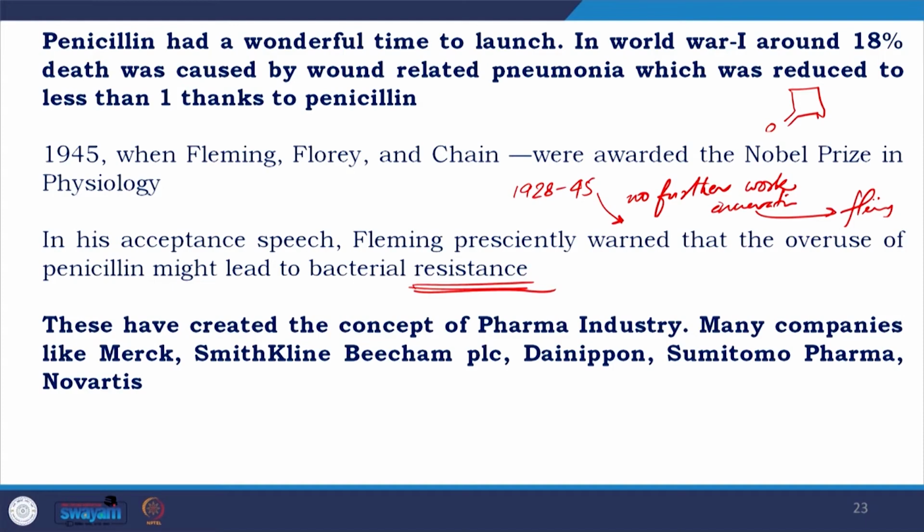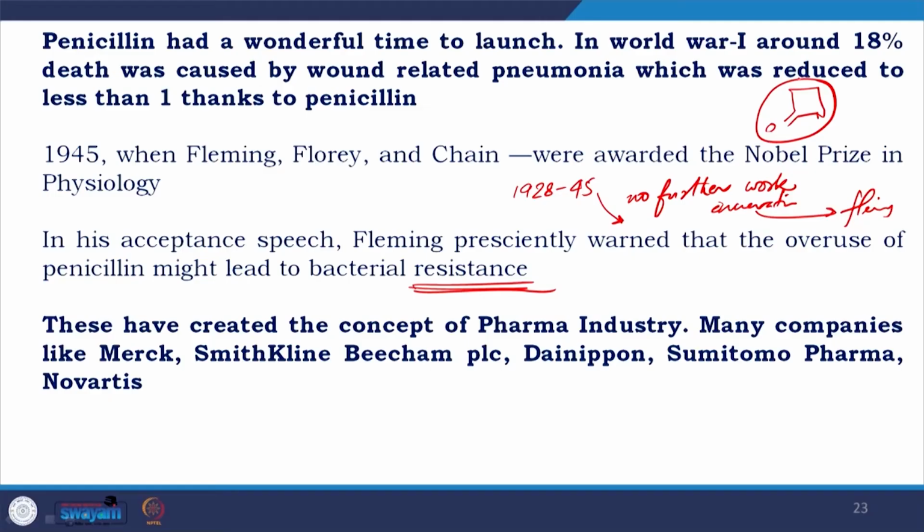The answer is there. Beta lactam, this 4-membered ring, brought so much money, as I told, because of the excellent timing of launching penicillin before World War II. A lot of soldiers had their lives saved, and all of them suddenly became vocal about penicillin. It became a globally accepted drug.